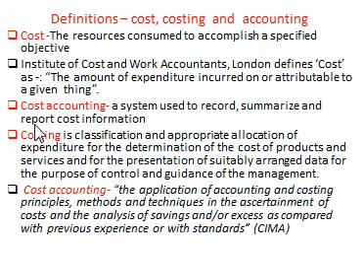So we have looked at what we mean by cost. Cost accounting is a system used to summarize and report cost information. When it comes to costing, that is allocating a given cost or expenditure to a product or a service that you are producing.